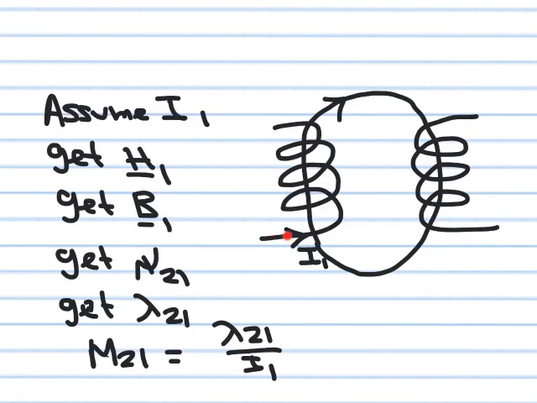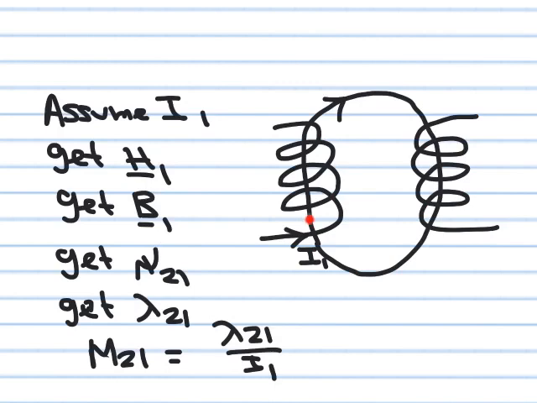When the current flows in this coil or loop or whatever structure it is, it's gonna create a magnetic field everywhere in the space. We call this magnetic field H1, and we can get from it the corresponding magnetic flux density by multiplying by mu naught if it's air. If it's not air, maybe there is some steel here, multiply by mu of that steel.